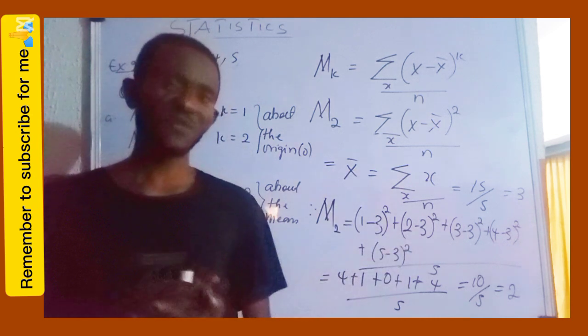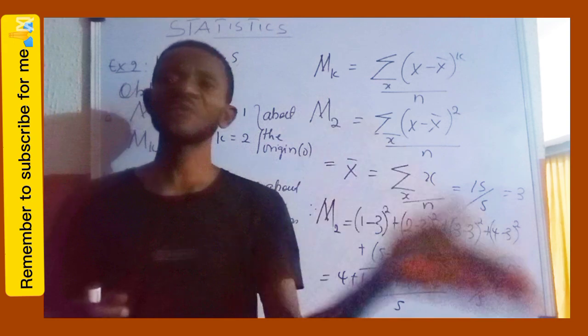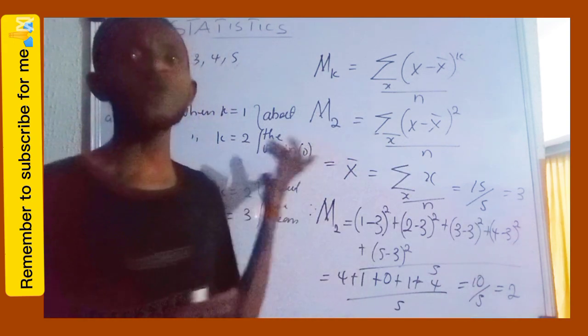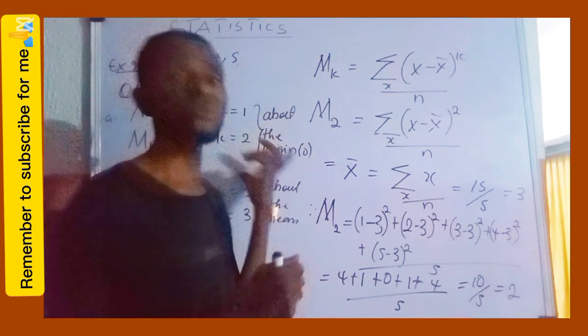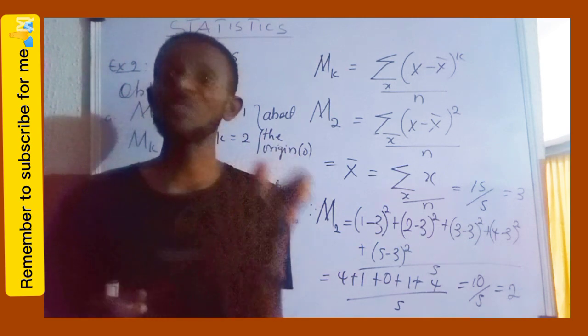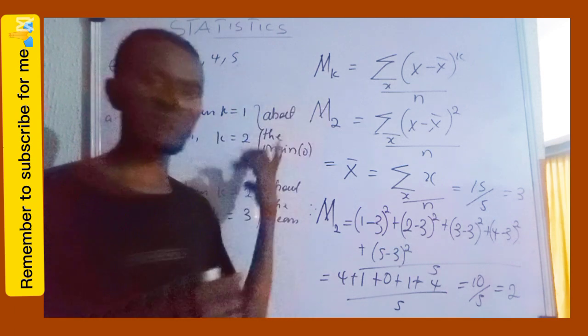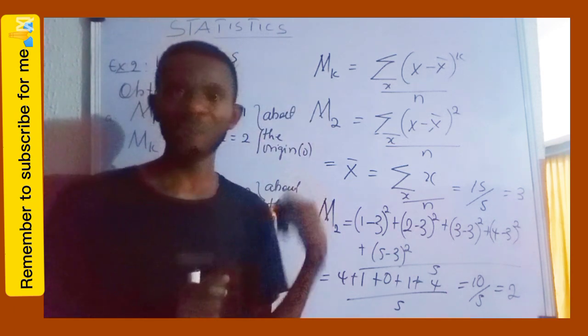One thing we are going to tell you in another class is that the essence of calling up this topic today is because we are planning to go and discuss what is called skewness and kurtosis. And we cannot discuss these two parameters without knowing about these moments.